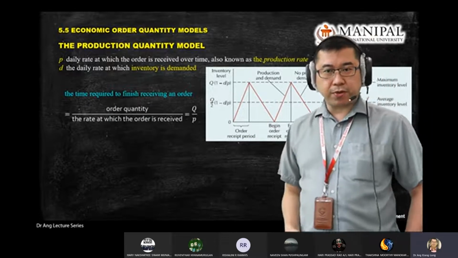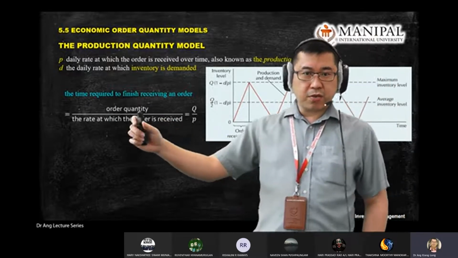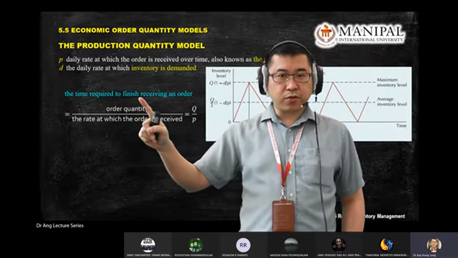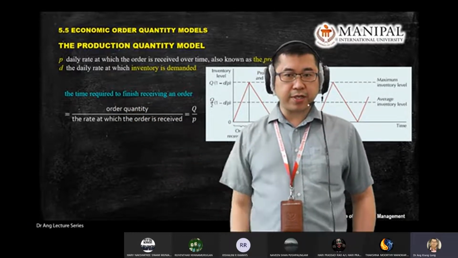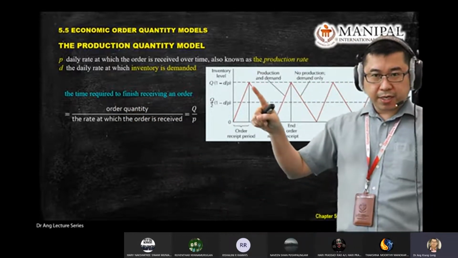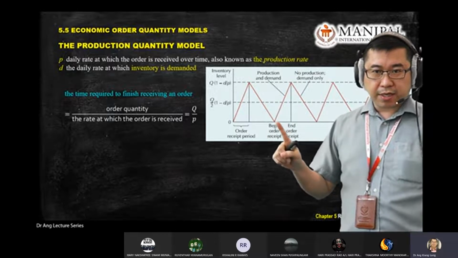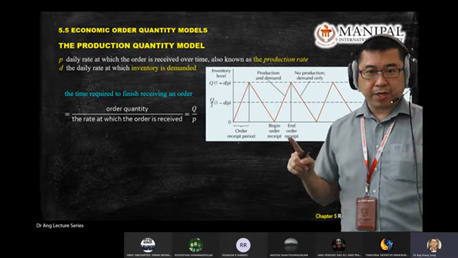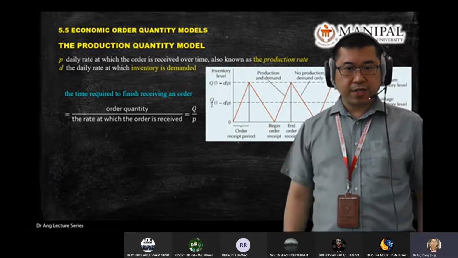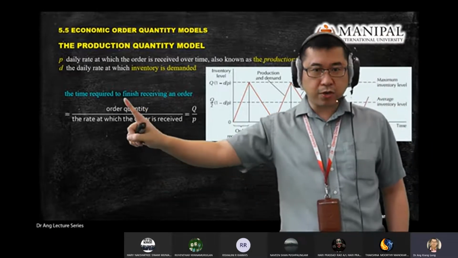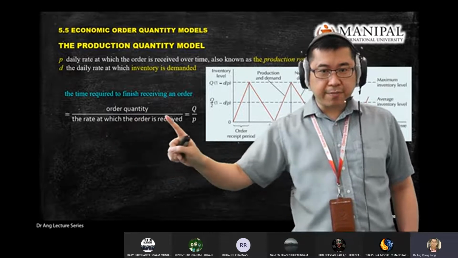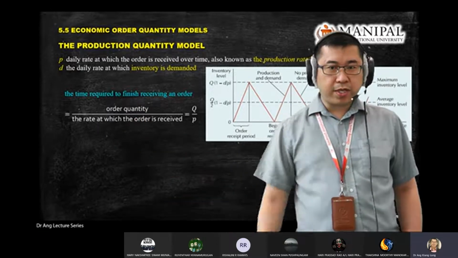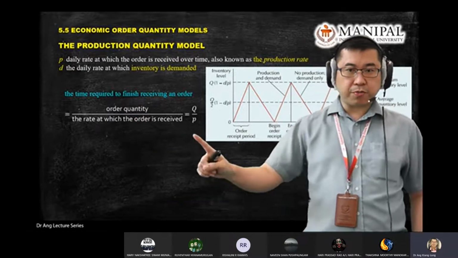First equation for today. To calculate the time required to finish receiving an order, meaning here you begin the order, right? So how much time you need to finish your order. You take your order quantity divided by the rate you receive, or how many you produce.